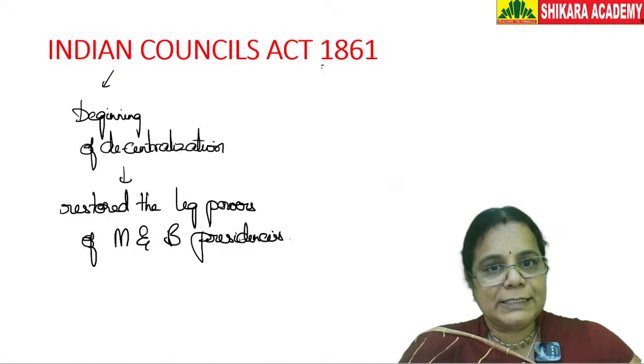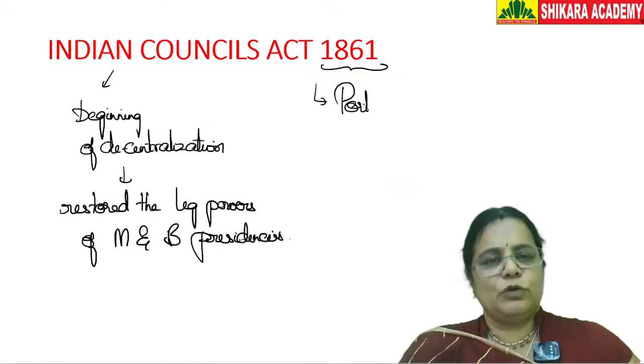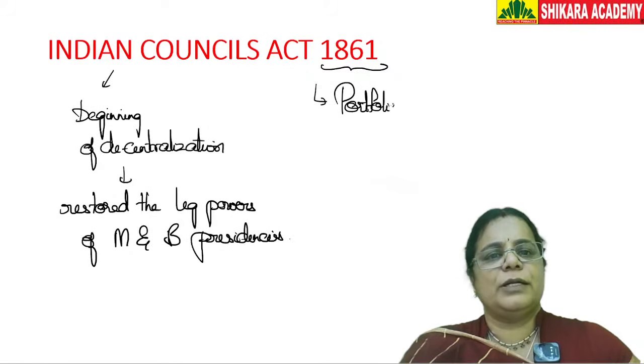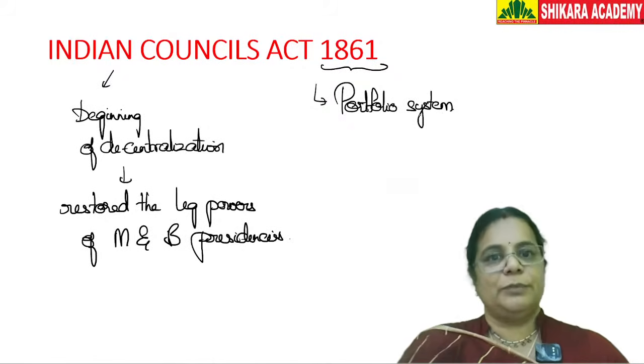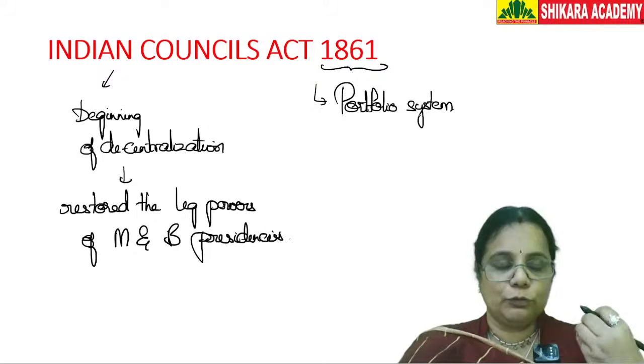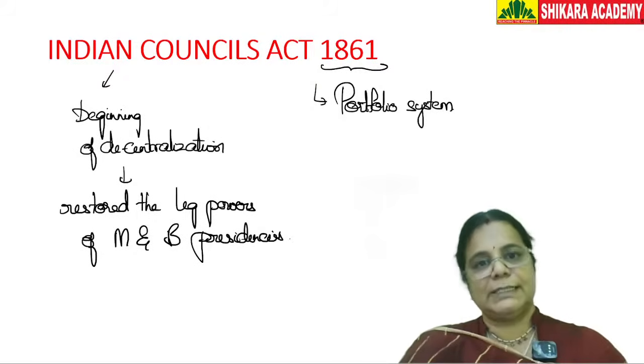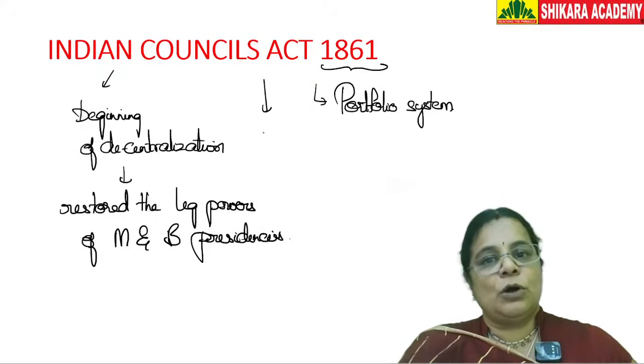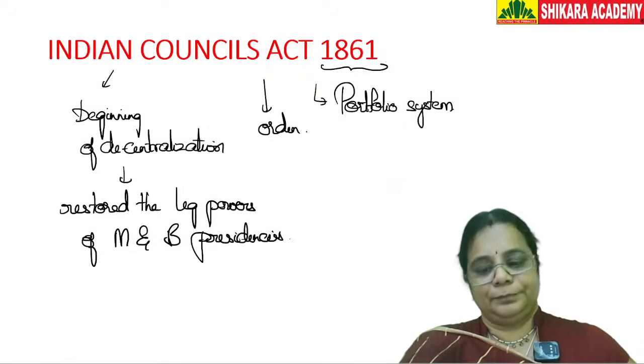Why? Because the 1861 law introduced the portfolio system. Portfolio system is a very, very important feature of parliamentary form of government anywhere in the world. Ministries, we say portfolios. Portfolio system was introduced for the first time. It also introduced ordinance making power.